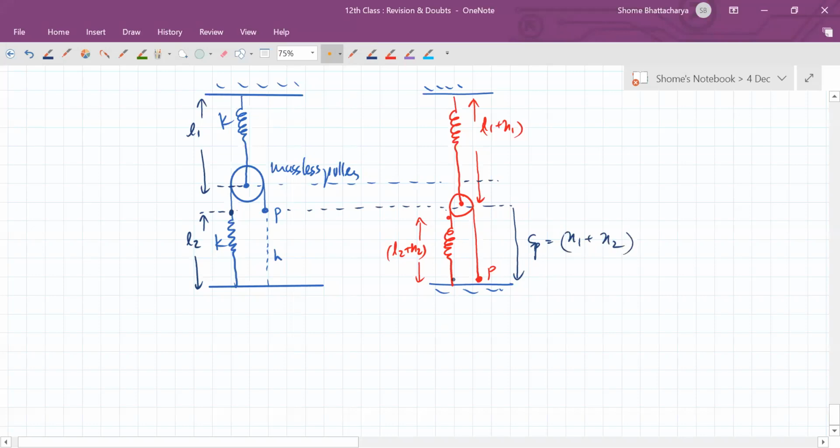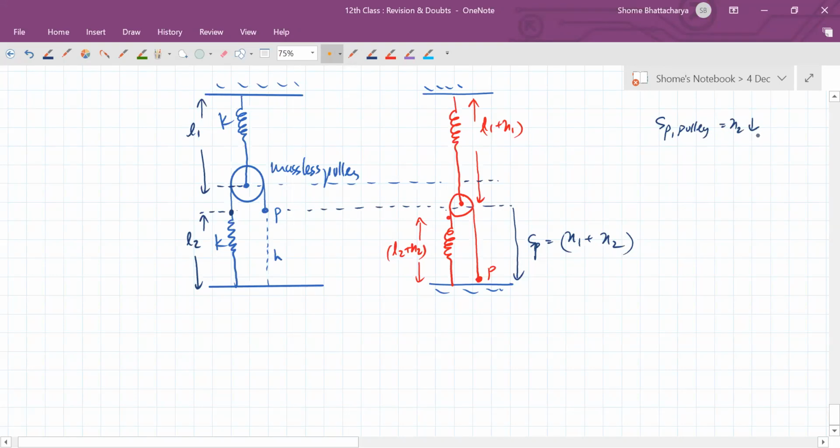Because on this side the thread is decreasing by X2, so on this side the thread length has to increase by X2. So in the pulley's frame, the displacement of the point P with respect to the pulley will be X2 downwards.